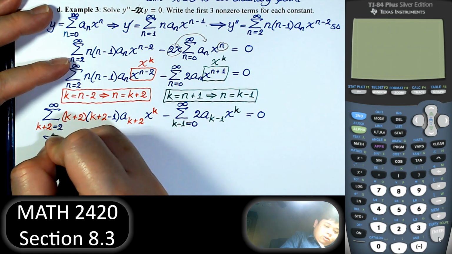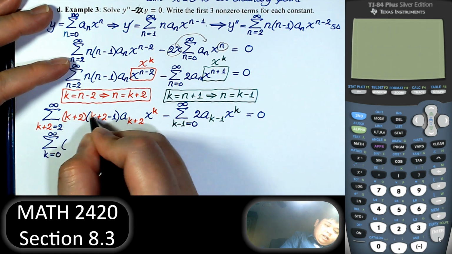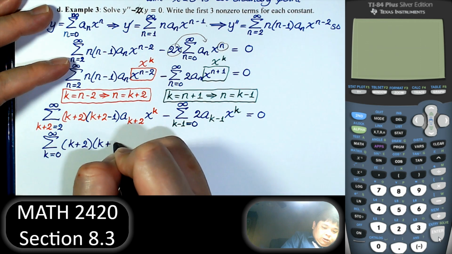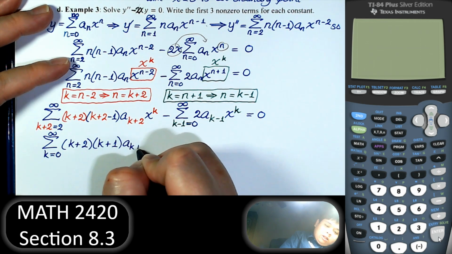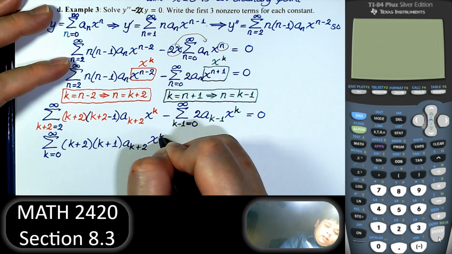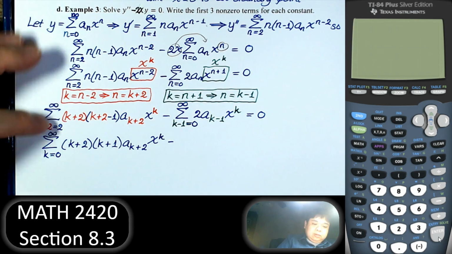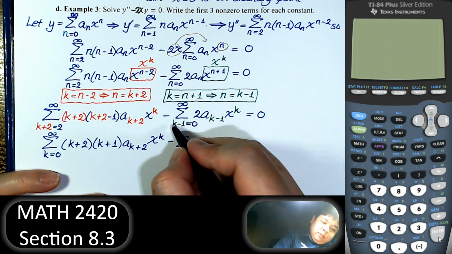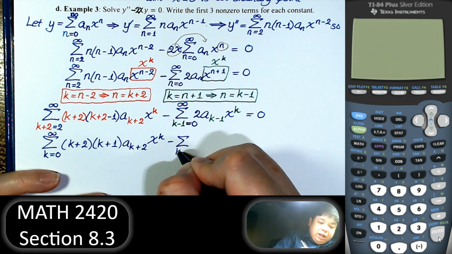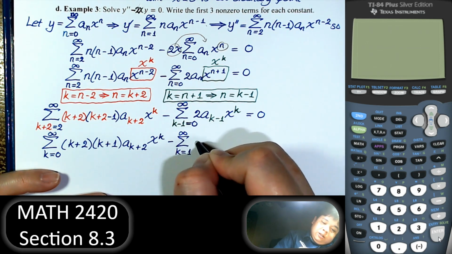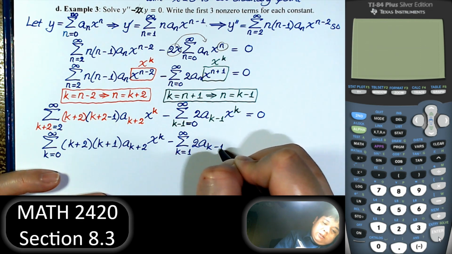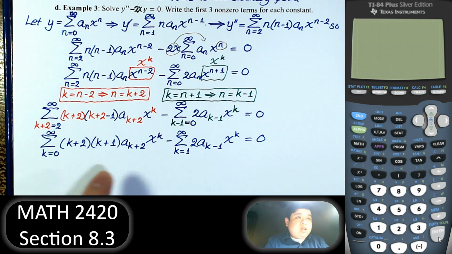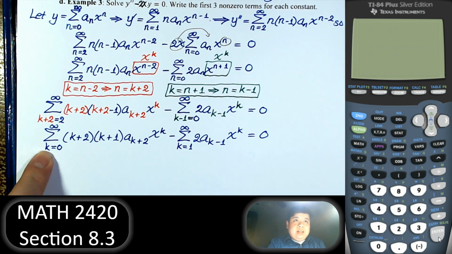k equal to 0 to infinity, k plus 2, k plus 1, a sub k plus 2, x to the k. Right, k minus 1 plus 1 on both sides, k equal to 1. Now this one starts at 1, this one is at 0, so we have to split one term from this series.